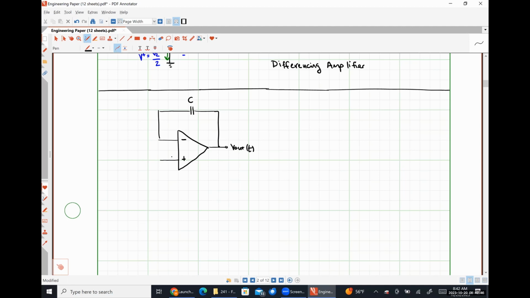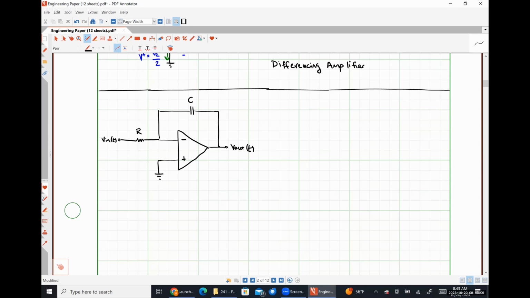I'm going to ground my non-inverting input terminal, and I'm going to place a resistor between my input signal Vin as a function of time and my inverting input terminal.